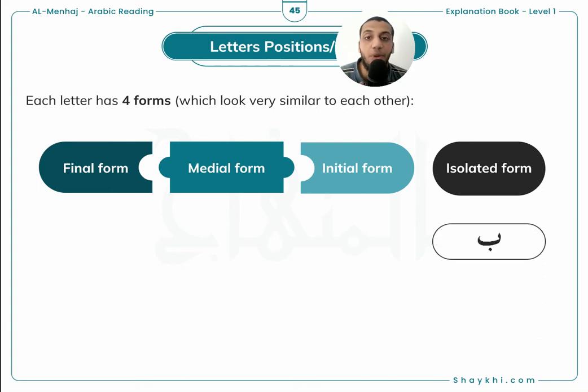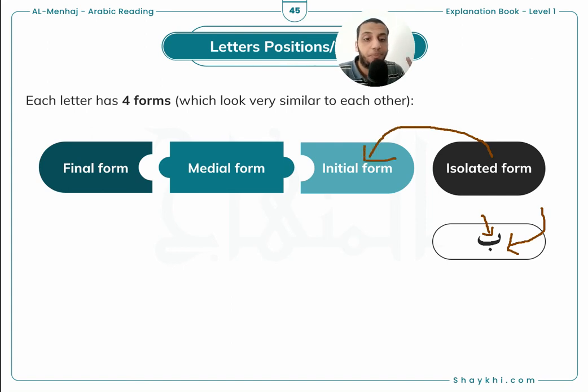Now we have, for example, the letter ba. This is the shape of the letter ba in the isolated form, meaning when it doesn't come in a word. But if the letter ba comes at the beginning of a word, we move from the isolated form to the initial form.